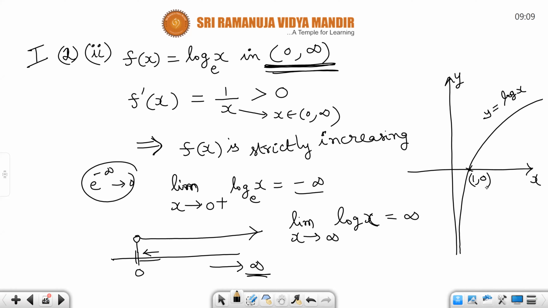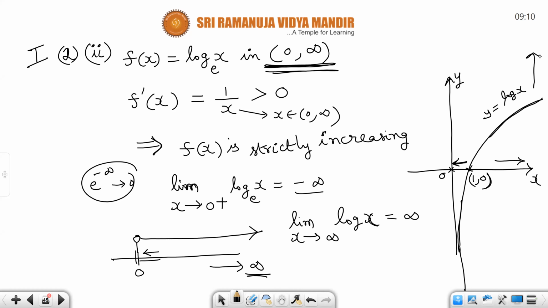When x is 1, y is 0. So when x tends to 0 plus, that means we approach 0 from the right side, the curve will be going to minus infinity like this. And when you go to infinity on the right side, this will be going to plus infinity upper side. So there are no maximum limits or minimum limits.